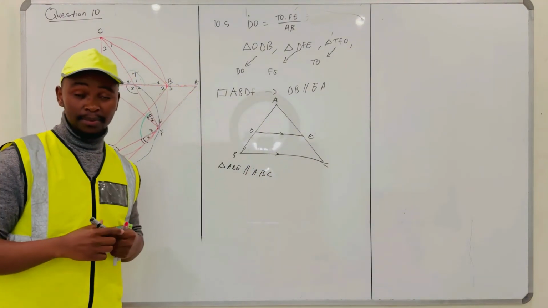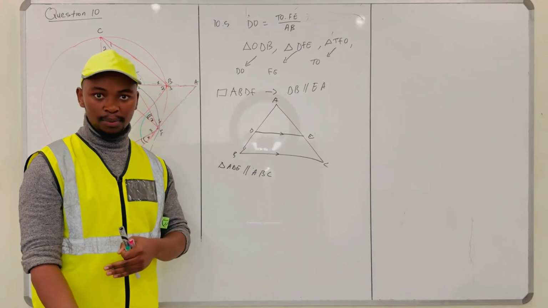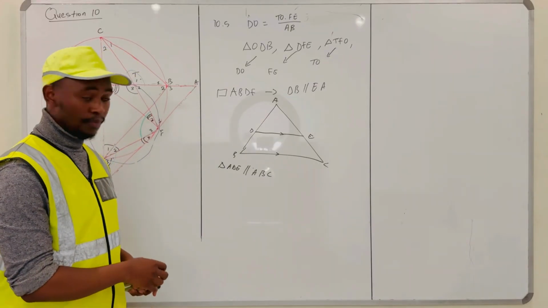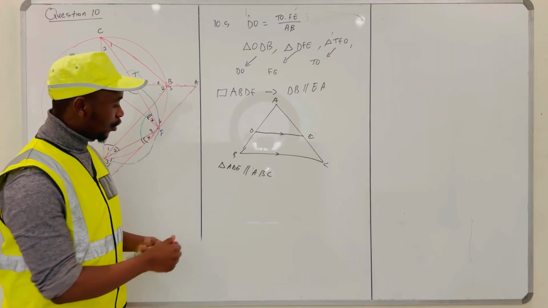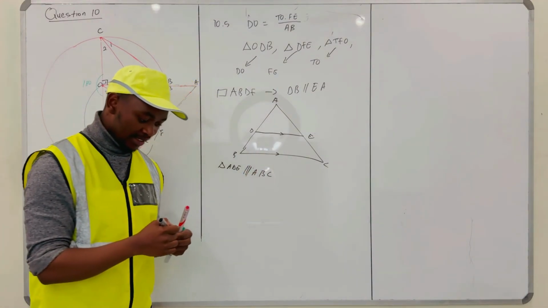That is the proportionality theorem. When you say something is similar, we say sides are proportional or angles are all equal. Just a quick proof there. So we have similar triangles there.